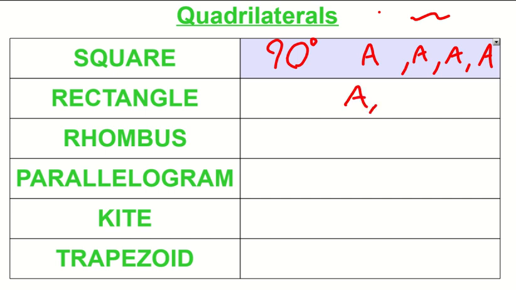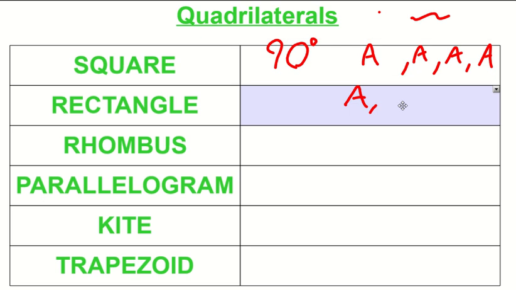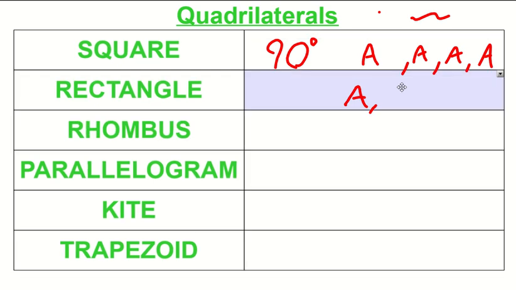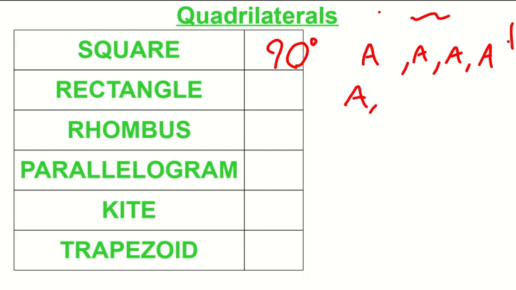Rectangle, we got A, B, so we're going to get rid of those squares so I can write better.